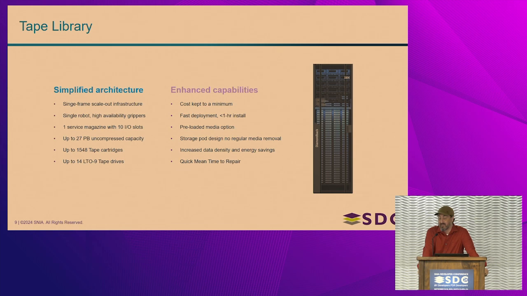With 11 nines of data durability, and our tapes are rated according to the LTO consortium up to 20 years of storage time, this is an extremely reliable media. I don't know if you remember, but in the Challenger crash, when the space shuttle blew up, there was tape media in that. We were able to recover data from that tape. If you've ever heard that story before, that's a good one. So it's a very reliable media, a very world-tested way to store data.